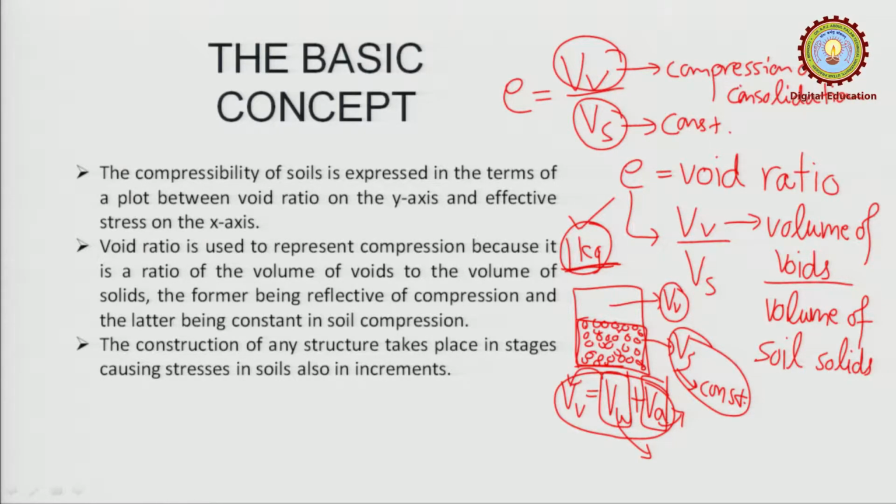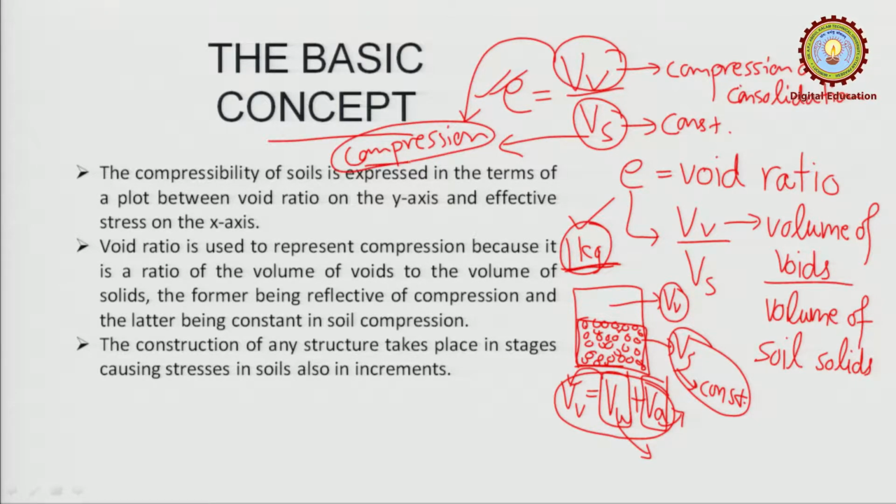So, this statement is saying that e is used to find out the consolidation or compression because V_S is a constant parameter and only V_V varies because of the compression. This gives us a better indication of how much compression or consolidation has taken place.